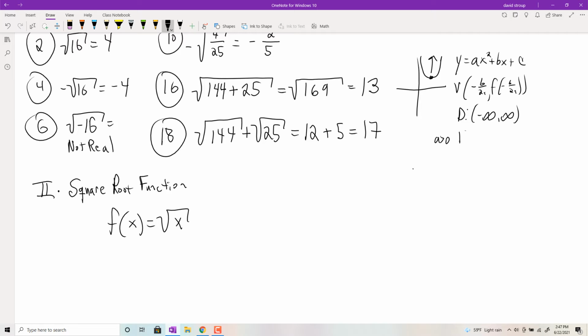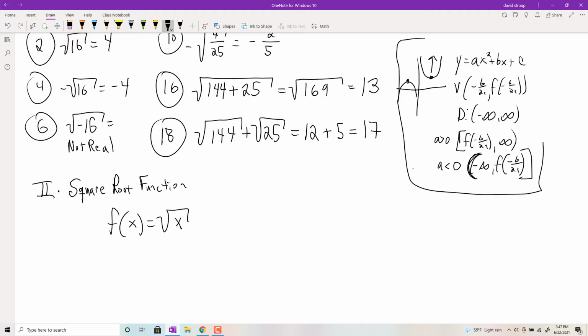So you would be going from the y coordinate of f of negative b over 2a to infinity. And then if a is less than 0, you would have a sad face parabola, and that would go from negative infinity all the way up to, open parentheses, the vertex y coordinate f of negative b over 2a. Okay, so hopefully you remember that.